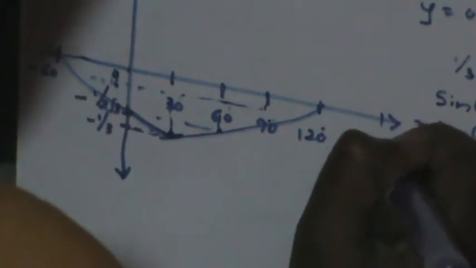So when sin(x plus 60) is minus 1, x plus 60 is equal to 270, so x is equal to 330.